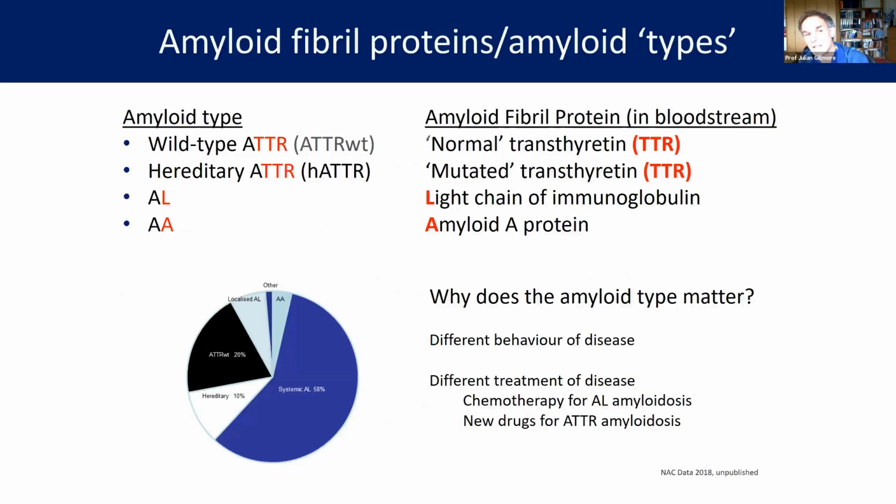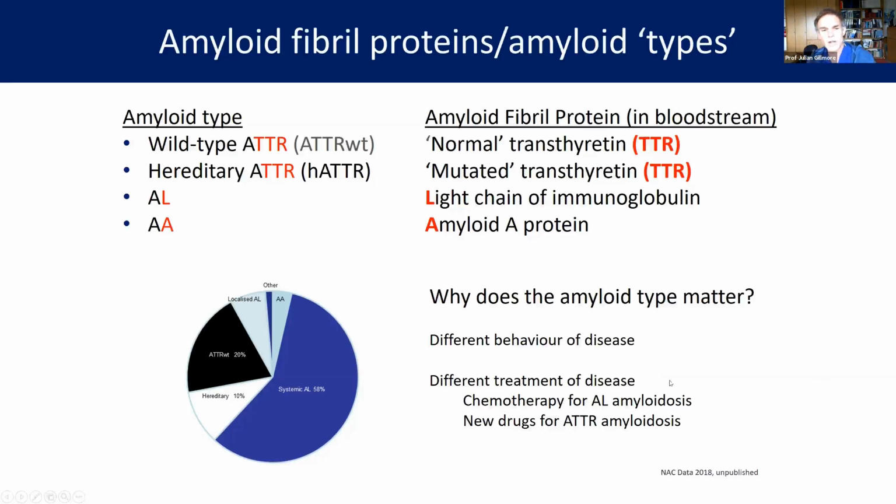ATTR amyloidosis can either be wild type, when that protein is not mutated, it's a structurally normal protein which happens to misfold usually in older age, or the hereditary version, in which there's a genetic mutation in the protein, of which there are many, as Mary explained, which gives rise to misfolding and deposition as amyloid. And then there are various other different proteins that can form amyloid in the body.